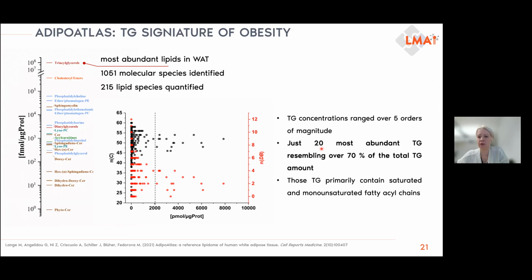The rest, the other 1,000, are still there, but they do not make a significant impact. So these 20 species, which make up 70% of the total TG amount in the adipocytes, are represented mostly by saturated or monounsaturated fatty acyl chains.